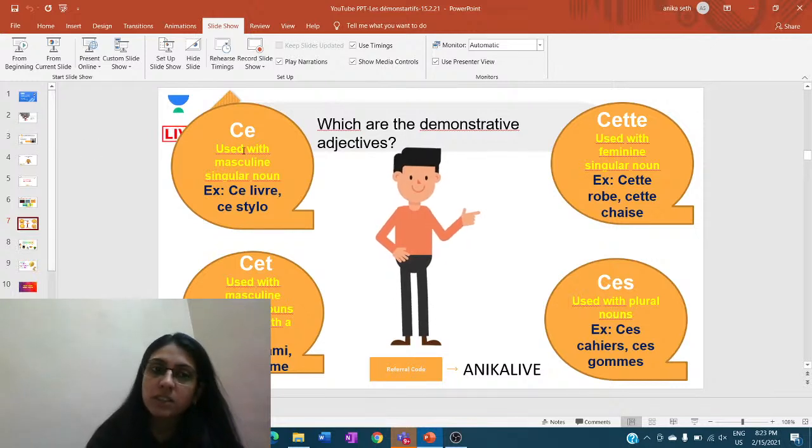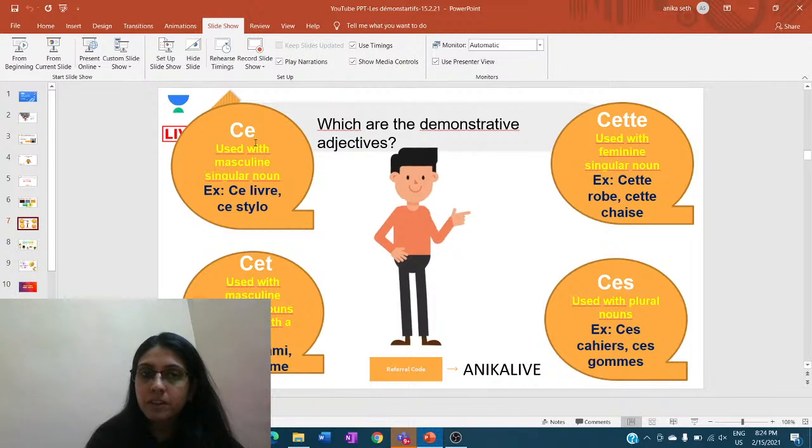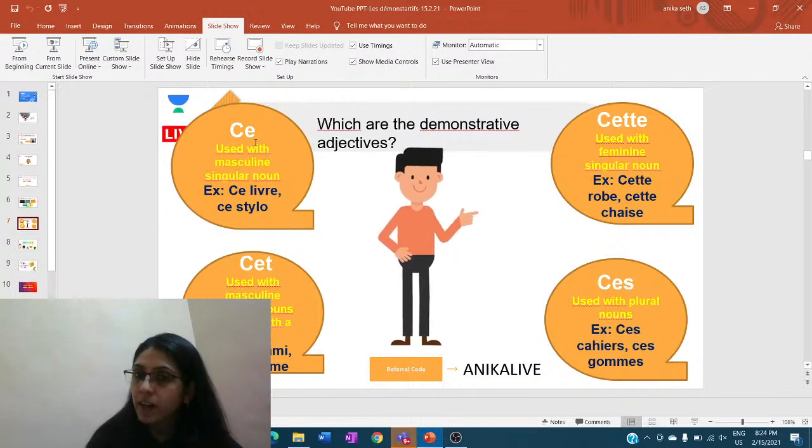Whereas we cannot say ce étudiant because ce is ending with a vowel sound of E, but not cette. So the simple reason why we have CET as the demonstrative adjective for the masculine nouns starting with a vowel is because ce ends with a vowel sound. And the answer why we don't have a separate demonstrative adjective for feminine nouns starting with a vowel is because cette does not end with a vowel sound.